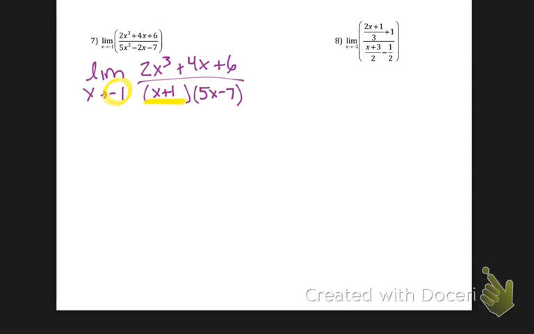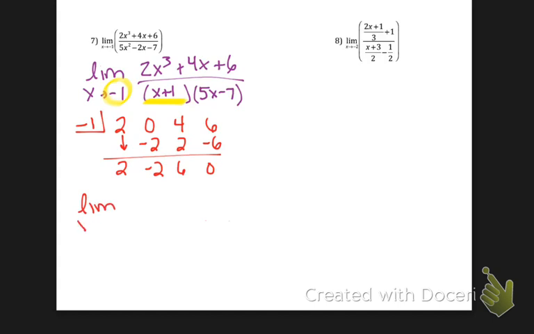So now we can go with synthetic division and use negative 1. My coefficients for the numerator are 2, 0 placeholder, 4, and 6. All right, so what we are left with in our numerator, we have our factor of x plus 1, and then we are left with 2x squared minus 2x plus 6.